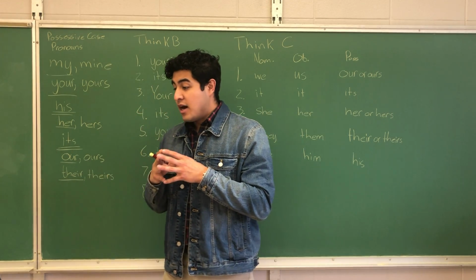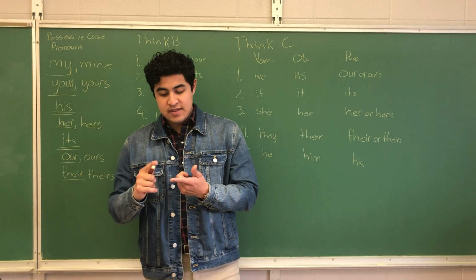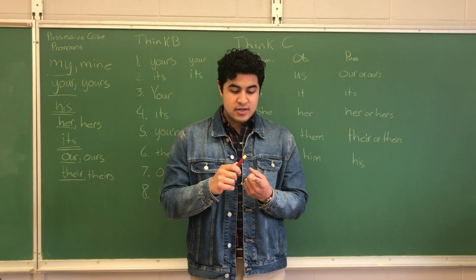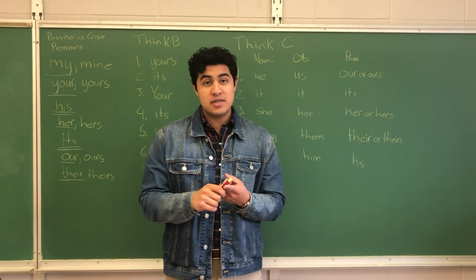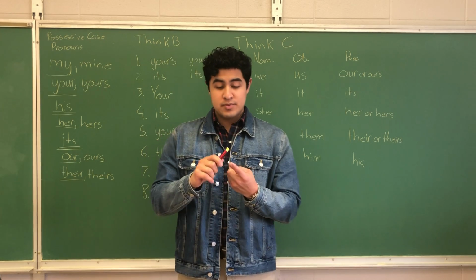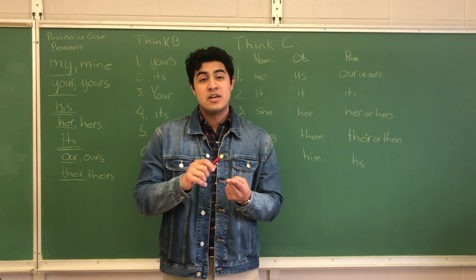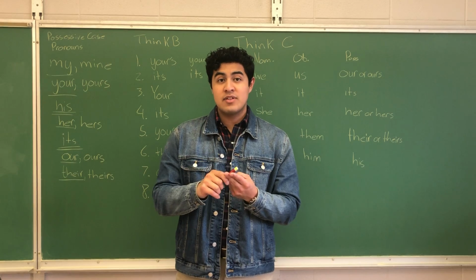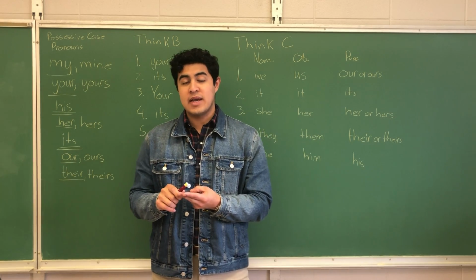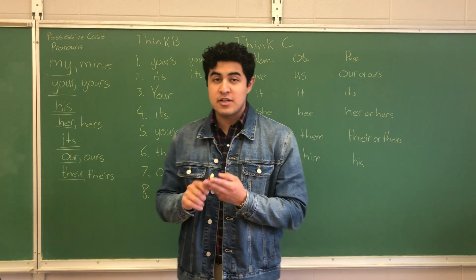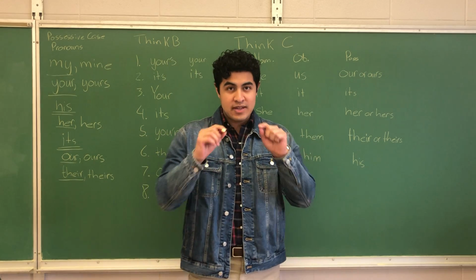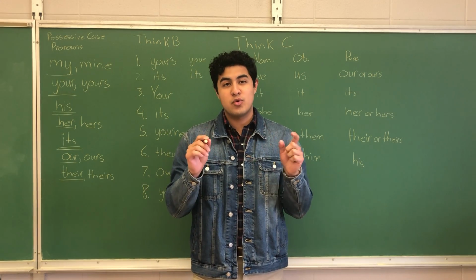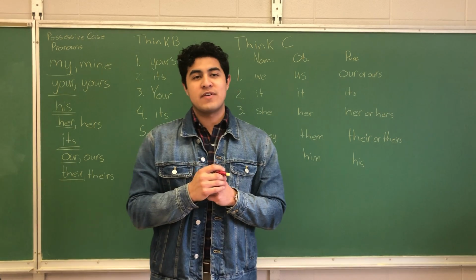And then the objective case, that's for pronouns that function as direct objects, indirect objects. Now remember, direct objects and indirect objects are nouns or pronouns that follow an action verb, okay? And then the object of the preposition, okay? That's the noun or pronoun inside a prepositional phrase.